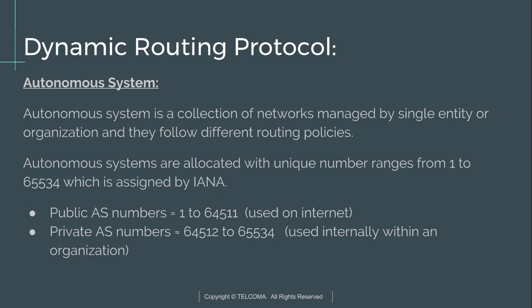These are the autonomous system numbers used in the internet, or by the devices between these networks on the internet. Next are private autonomous system numbers, which range between 64,512 to 65,534. These are autonomous systems used internally within an organization. These are not public to the internet.